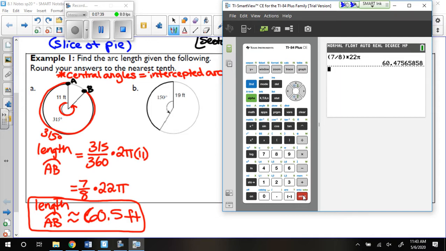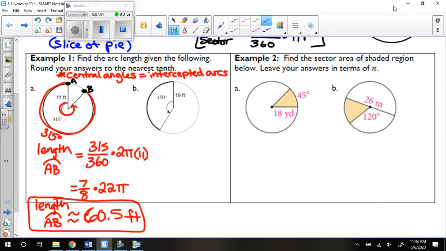All right, for part B here, okay, if we have a central angle that's 150 degrees, we know that the intercepted arc is also 150 degrees. We can say that we've got point A and B here, okay, and so we're going to figure out the length of arc AB.